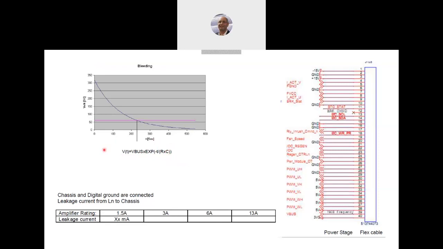Once I asked the engineer how long does it take, and the number that you are looking for is the 60 volt. Does somebody want to say something? Okay, so under 60 volt, it's safe.